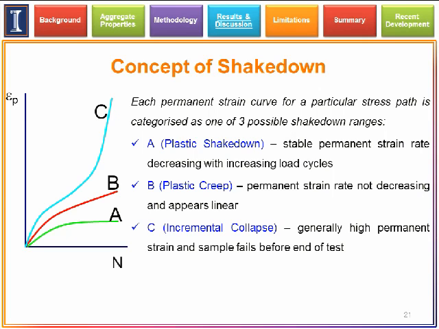On the other hand, zone C, or the incremental collapse, is generally high permanent strain and the sample fails before the end of the test. In fact, zone C looks a lot like the flow number test, where you are jumping from the secondary to the tertiary stage of permanent deformation accumulation.